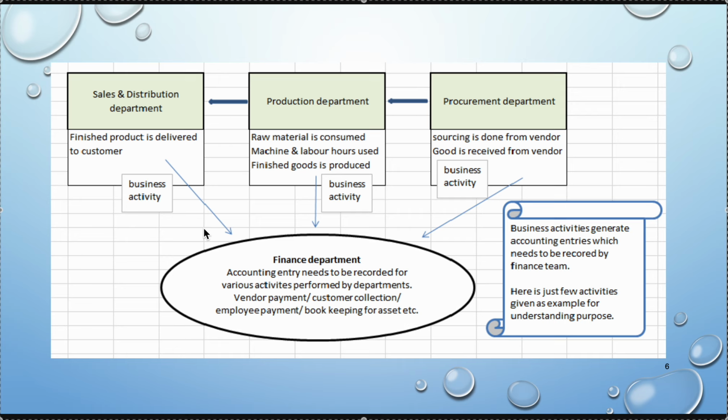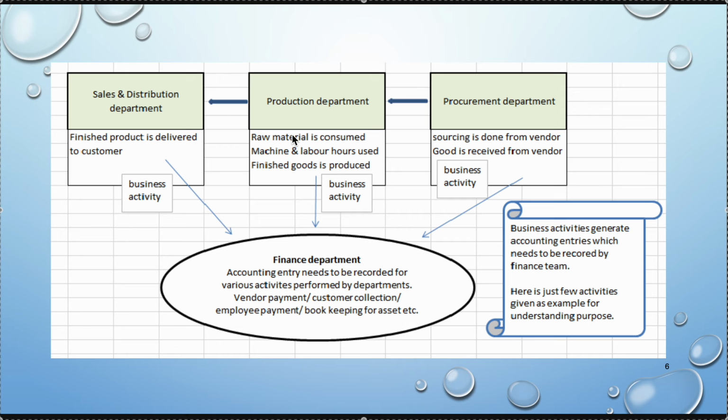As you know, we have different departments like sales, distribution, production, and procurement, all with different areas. But when you look at the financial aspect of this area, whatever activities are performed have an accounting entry generated in the system, and definitely it will have an accounting treatment.